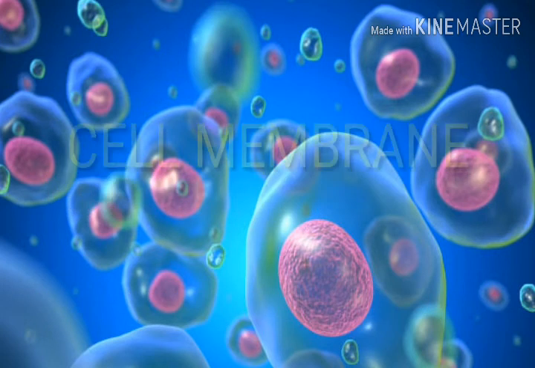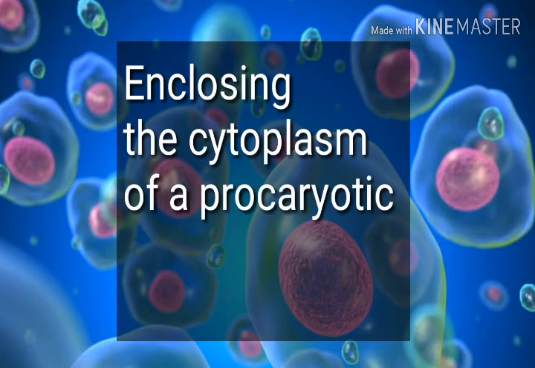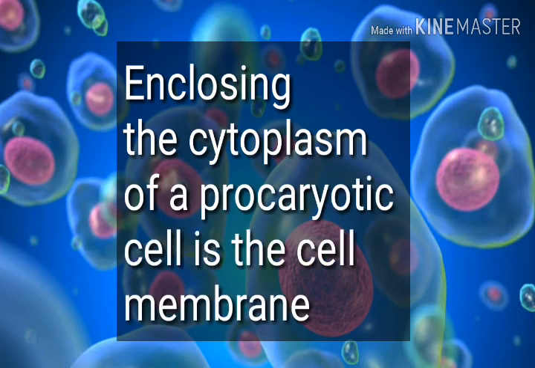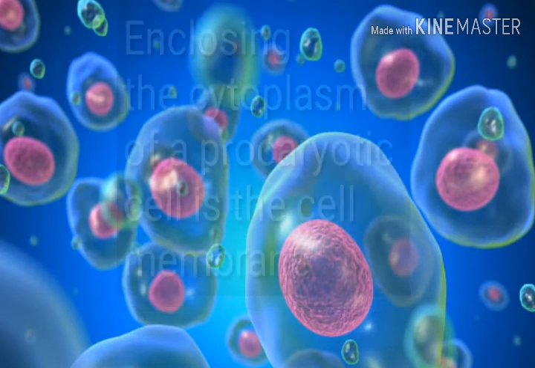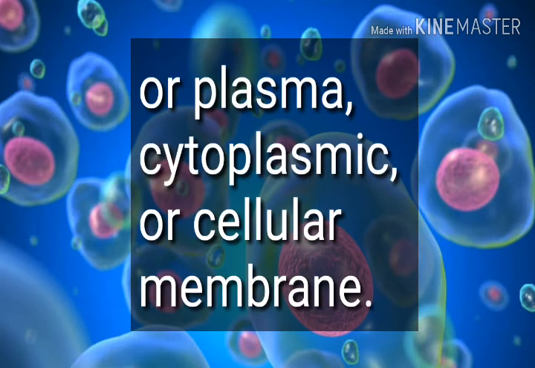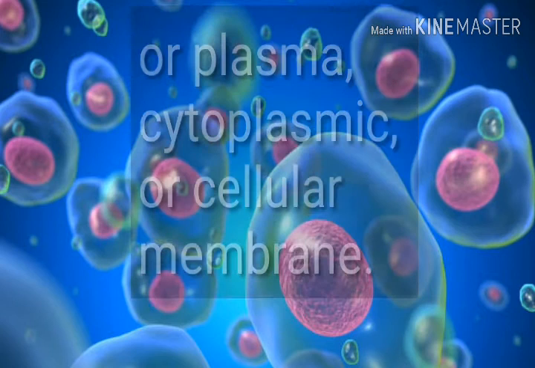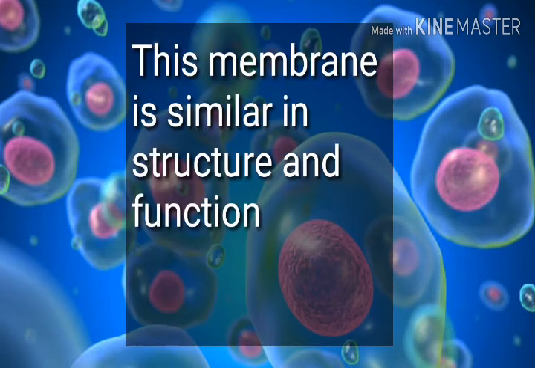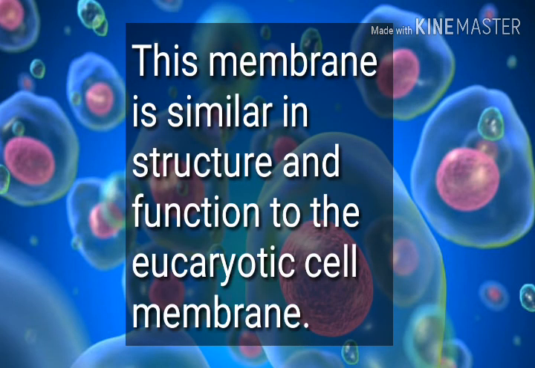Cell membrane. Enclosing the cytoplasm of a prokaryotic cell is the cell membrane, or plasma, cytoplasmic, or cellular membrane. This membrane is similar in structure and function to the eukaryotic cell membrane.